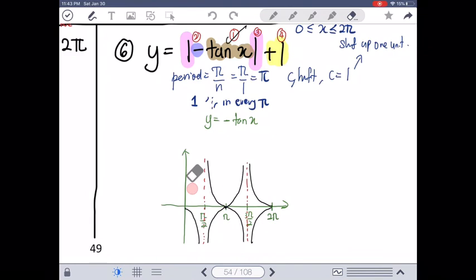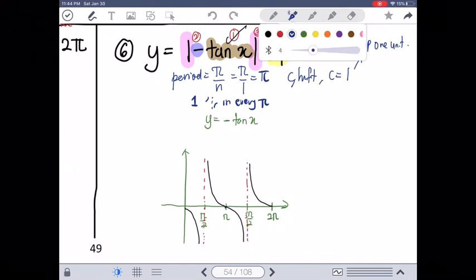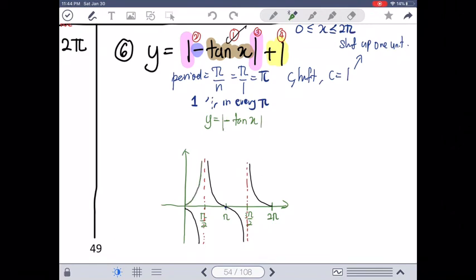Okay, done with the reflection. Next one is the modulus. So modulus means that everything from down has to go up, and down goes up, and up stays up.